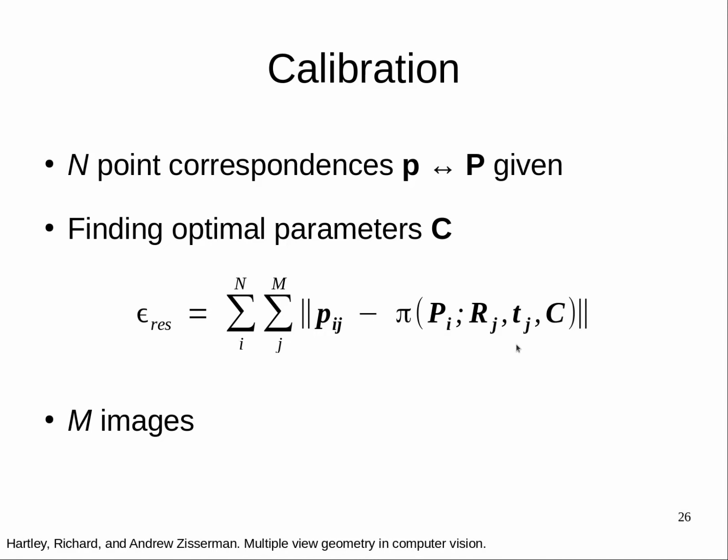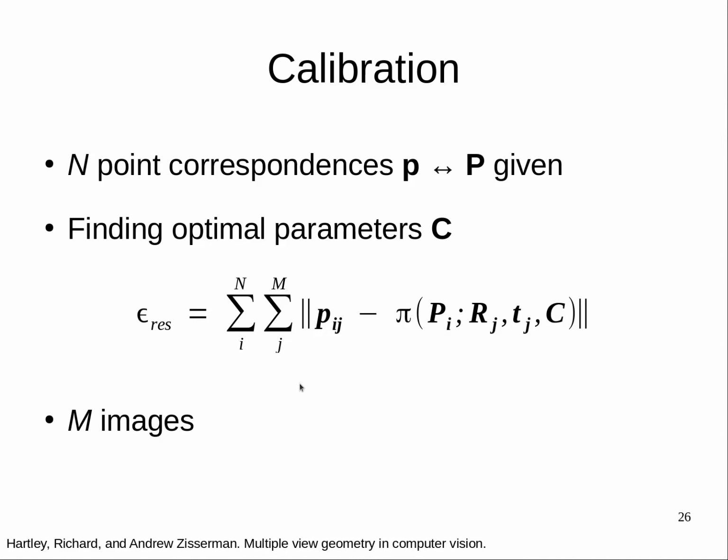Why we describe it exactly like this, you will see a little bit later, where we are discussing the full calibration procedure. But keep in mind that we have multiple images and we allow at least a different rotation and translation per image.